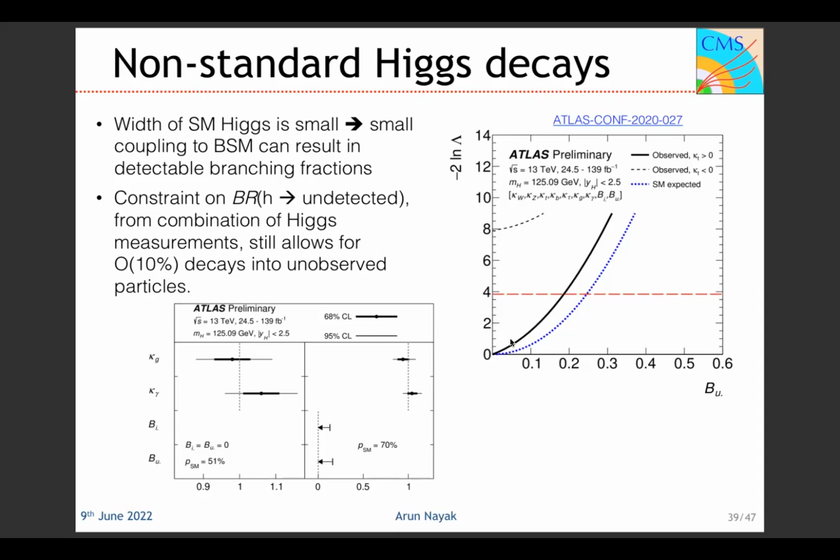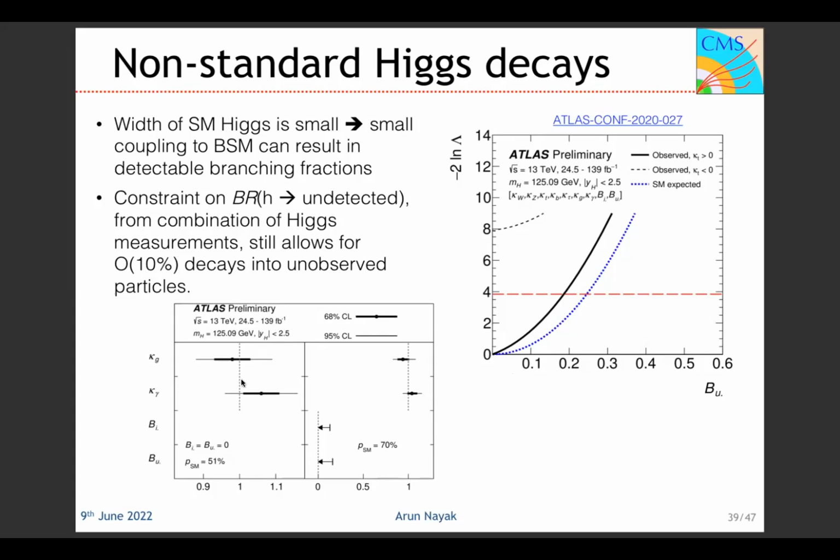If we allow floating values for the undetected contribution, you get a constraint on the undetected branching fractions for the Higgs of the order of 10%, maybe close to 15 or 17-18% at the 1 sigma level. So you have order of 10% decay still allowed to unobserved particles.